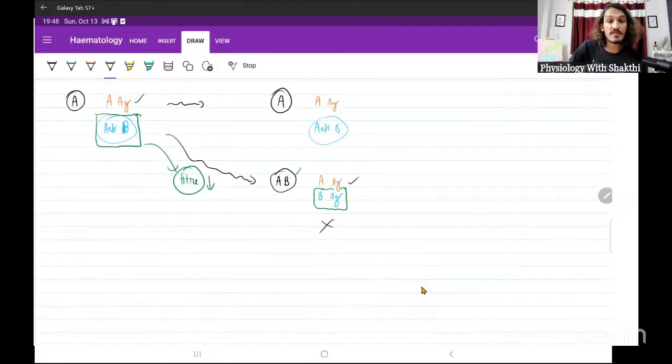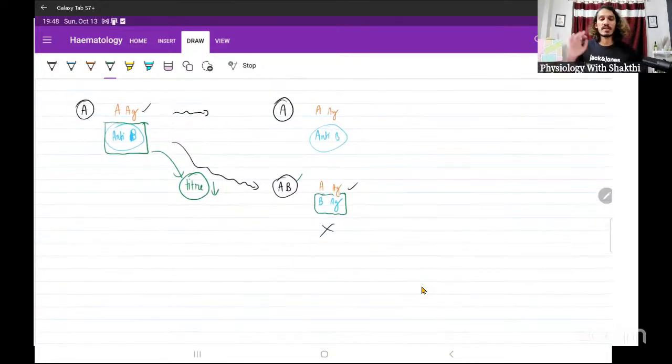But if the titer of that is high, so that it creates a problem, then you do not give it. You understand what I'm saying? So who can a person with A blood group give blood to? You can give it to another person who is A blood group. You can also give it to another person who is AB blood group, as long as the titer of the anti-B is less.